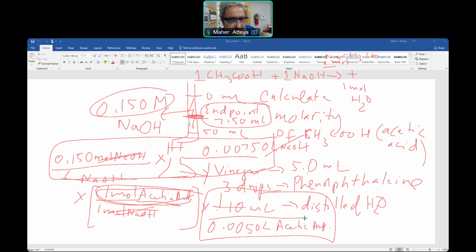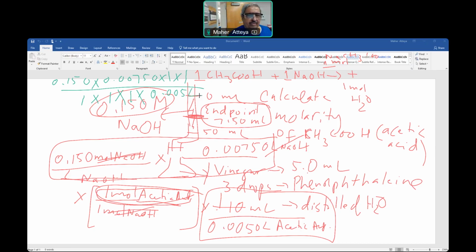So the answer is, write it here, 0.150 multiplied by 0.00750 multiplied by 1 over 1, then divided by 0.005 liter.